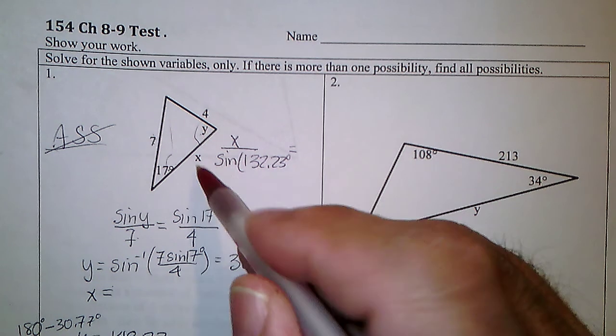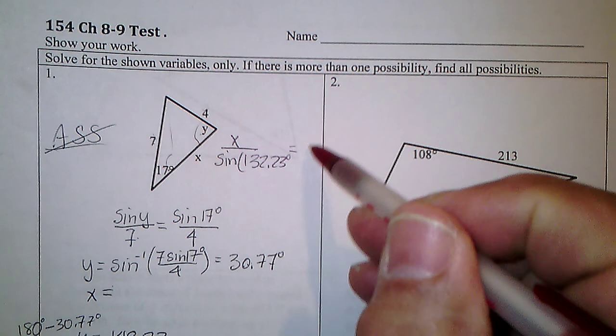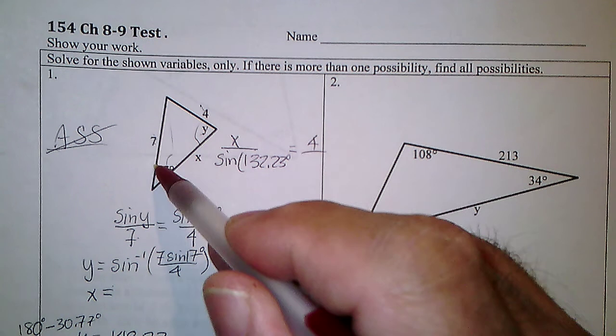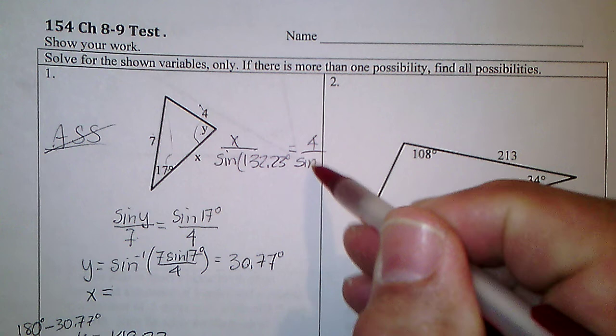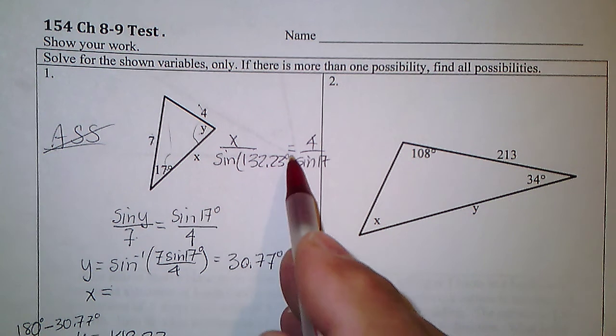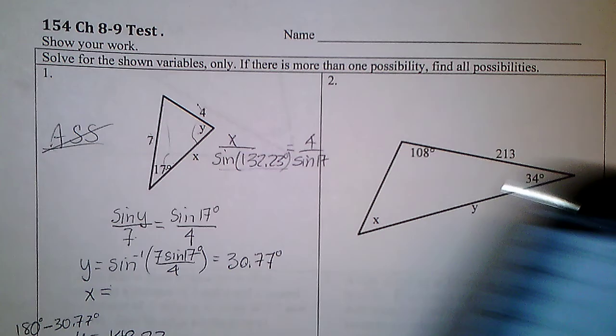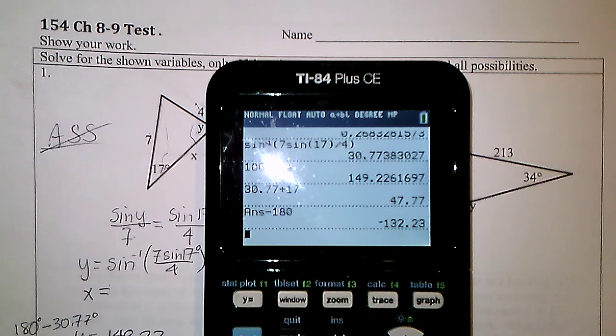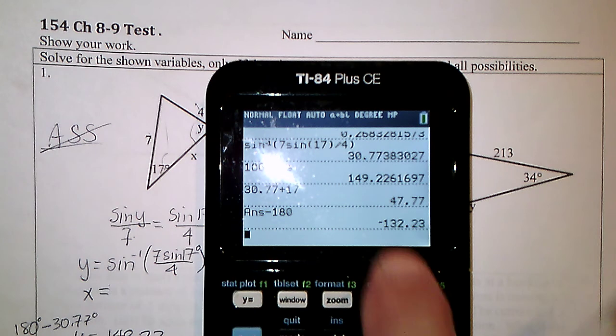equals 4, a side, over the sine of the angle across. So I'd multiply both sides by the sine of that. So I'd change that to a positive angle.